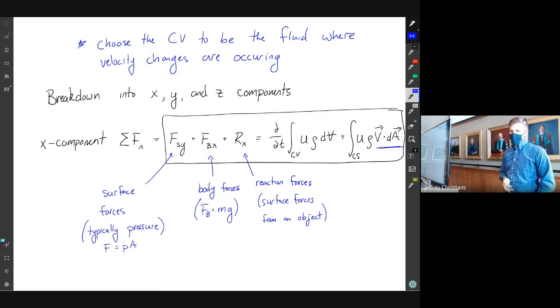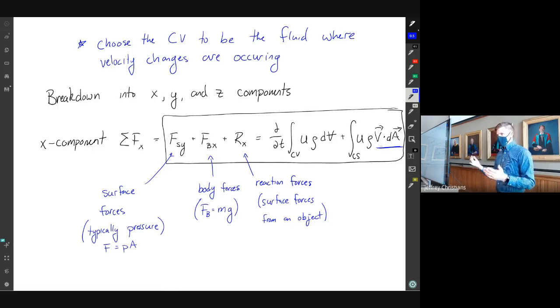So we'll do an example here where the reaction force is because we have a cone-shaped nozzle. That's pushing on the fluid and causing it to pinch down into a smaller area and increase velocity. It's causing a change in velocity and acceleration, but it's that nozzle shape pushing on the fluid and giving us a reaction force. It's going to be tricky to figure out how to classify each of the forces, but those are the broad groups they fit in: pressure, body forces, and reaction forces.